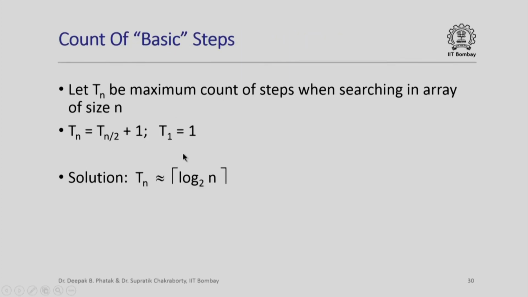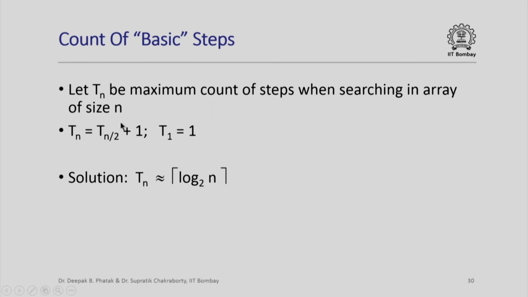How many basic steps were required in binary search? Well, if T(n) is the maximum count of steps when searching for an element in an array of size n, it is clear that in one step I am doing a comparison, which can be thought of as one basic step, and then I am searching in an array of size n/2, so the number of steps needed would be T(n/2).